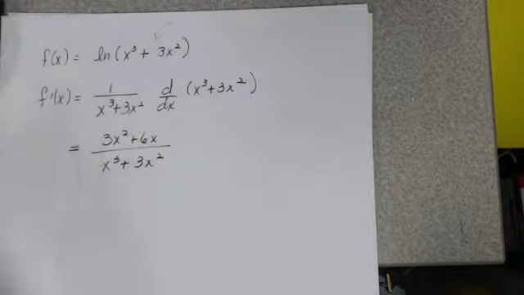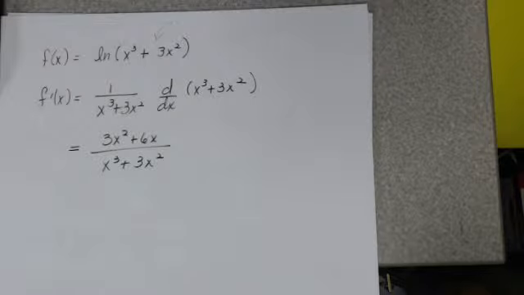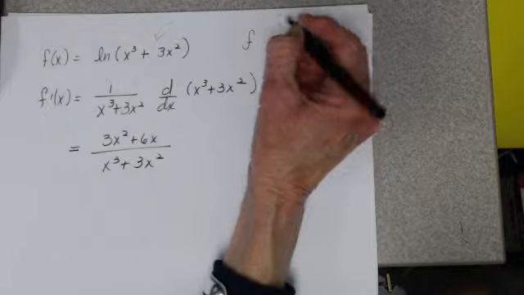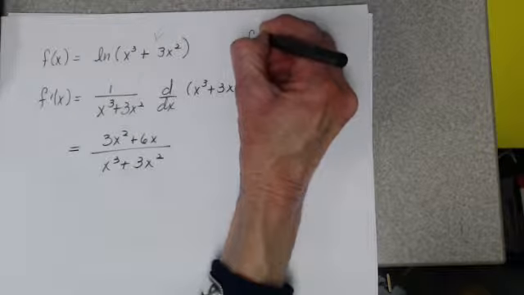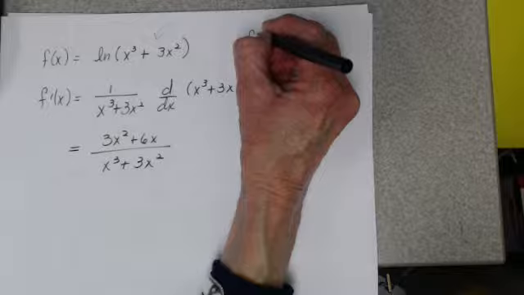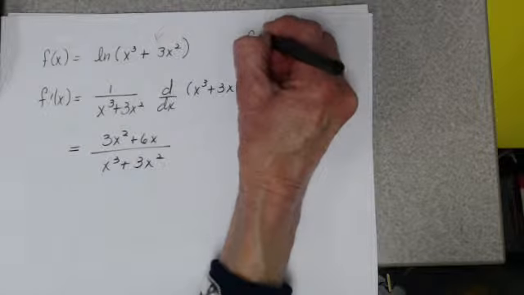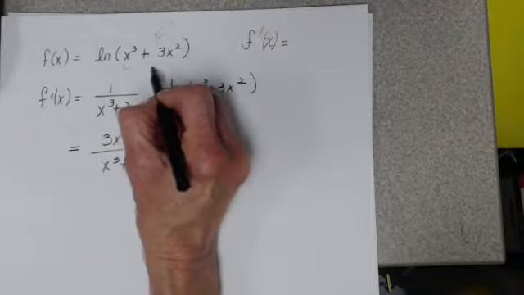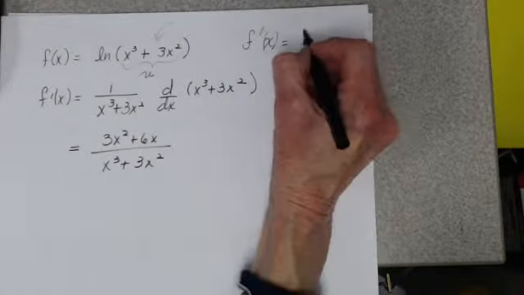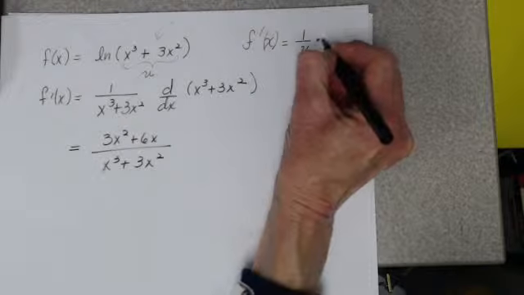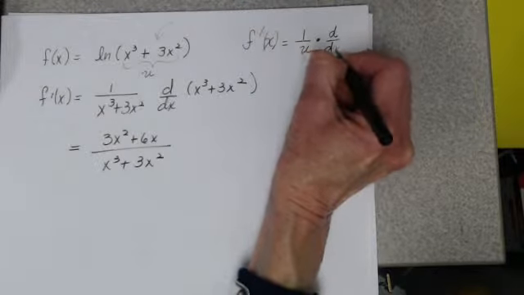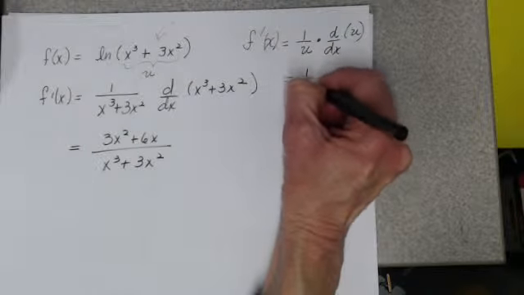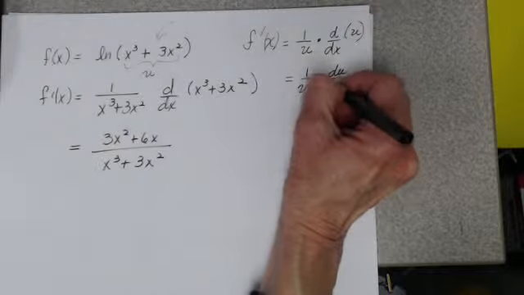One way that many of my students remember the derivative of the natural log function is: f prime of x is going to equal 1 over, and they'll call this inner function u, 1 over u times the derivative with respect to x of u. So many of them will say, okay, I'm multiplying 1 over u times du dx.